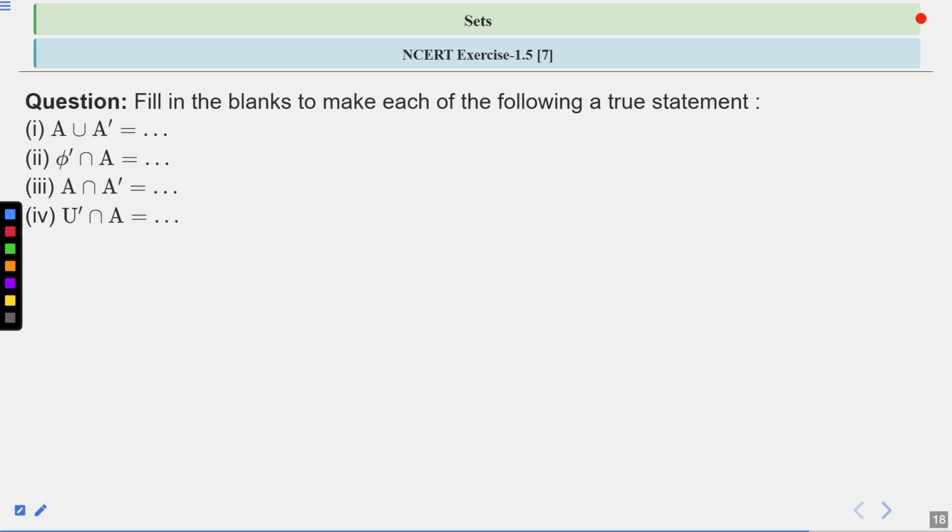So for first, A union A complement. For second, phi complement intersection A. For third, A intersection A complement. For fourth, U complement intersection A. You have to make each of the following true, so fill up the blanks.